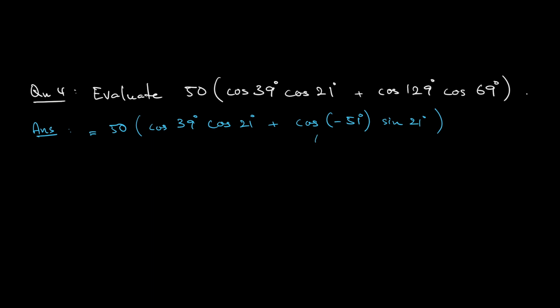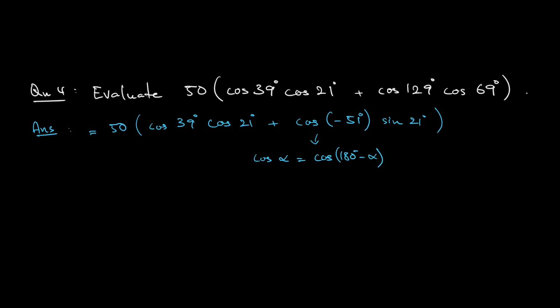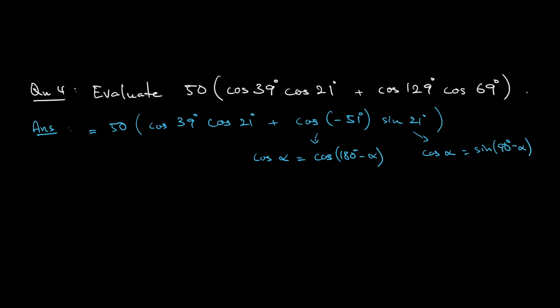How do I get here is because I use the fact that cosine alpha is equal to negative cosine 180 minus alpha. And how do I get sine 21? Because I use the fact that cosine alpha is equal to sine 90 degree minus alpha.